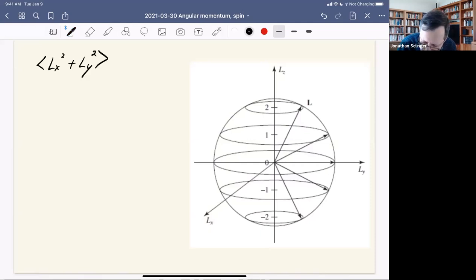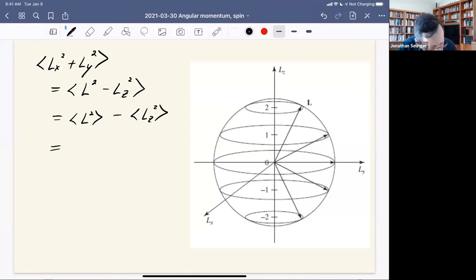Right? This is the same thing as the expectation value of L squared minus Lz squared. So the expectation of L squared minus the expectation of Lz squared.